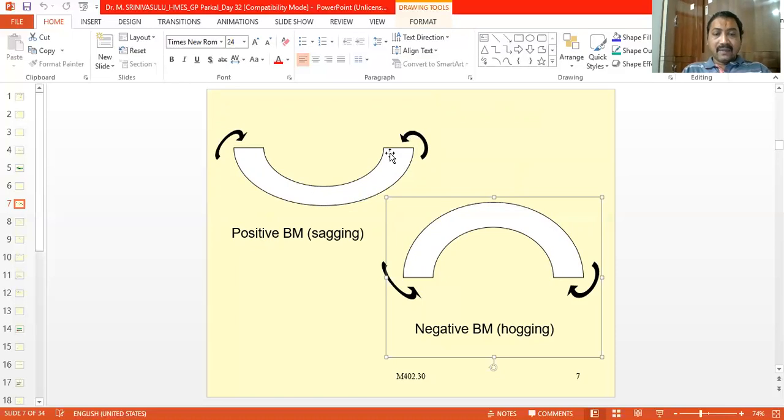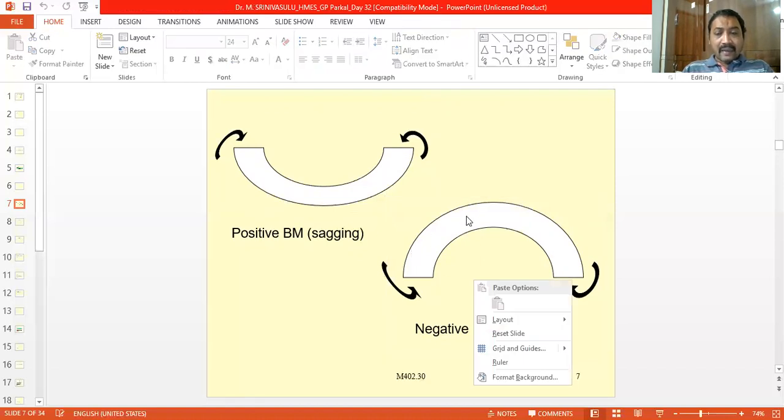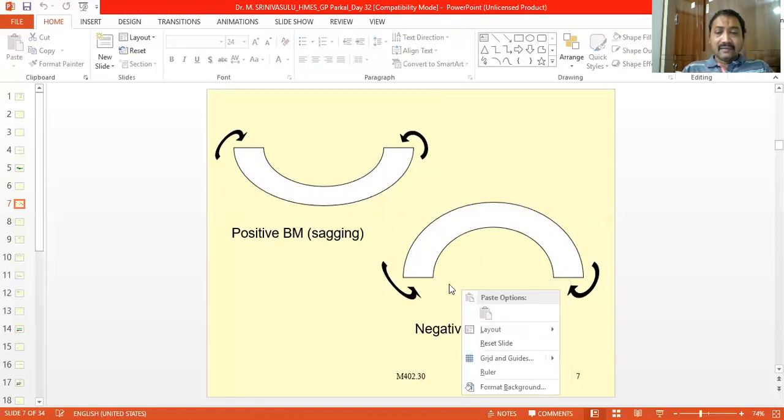If the bending moment produces a sagging moment, then it is taken to be positive. The other way, if the bending moment produces hogging, this kind of bending is called a hogging moment, which is a negative bending moment. Sagging is positive and hogging is negative.